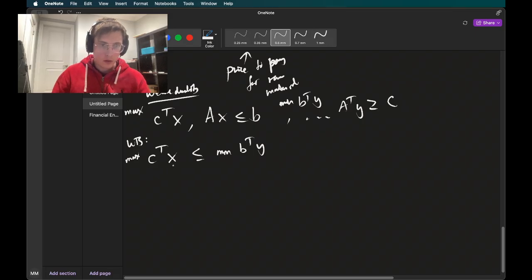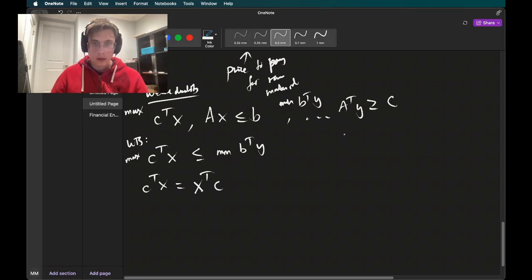We're going to start with this c transpose x. Then we are going to flip them because we can do that: x transpose c. Now, according to this statement here, this is less than or equal to x transpose A transpose y.